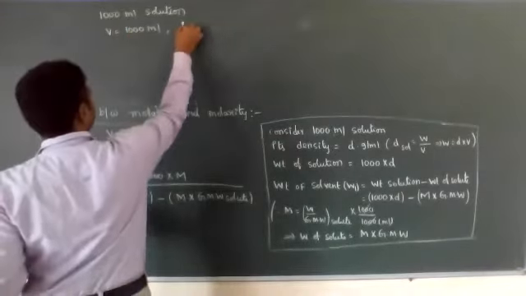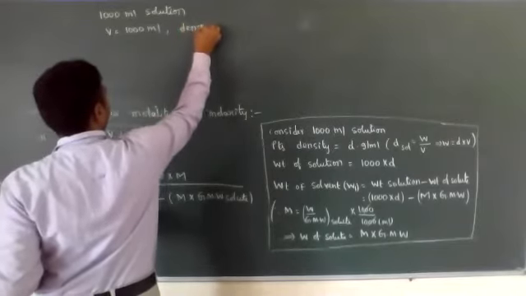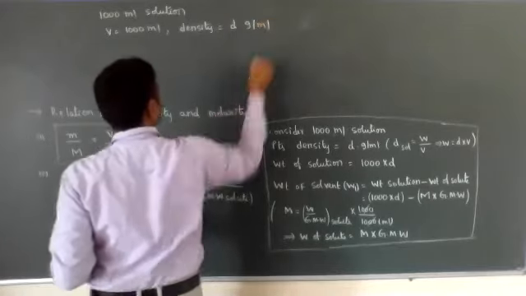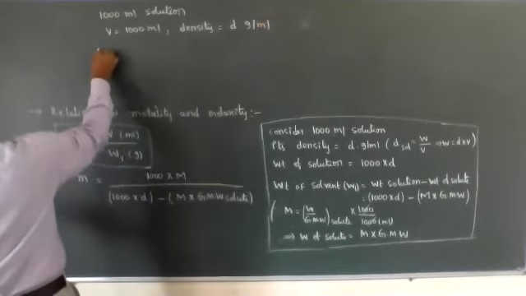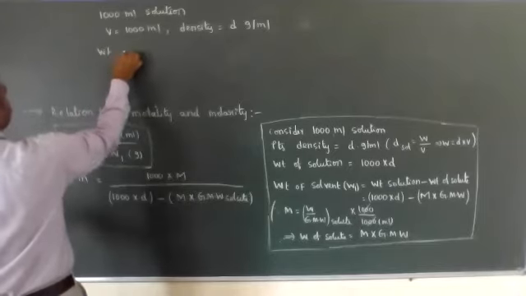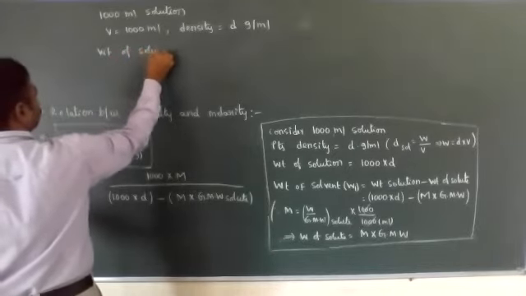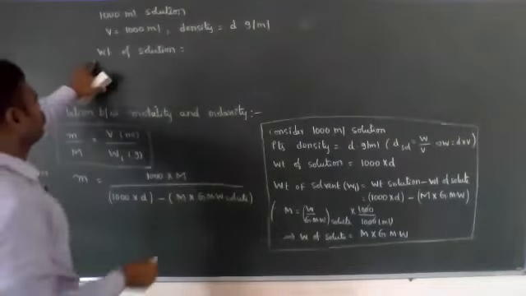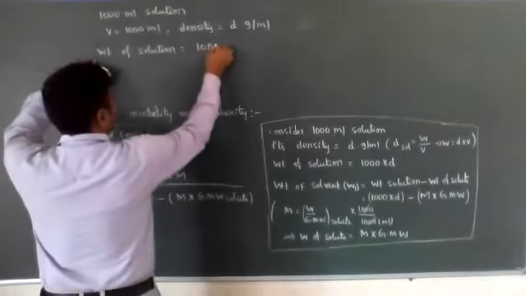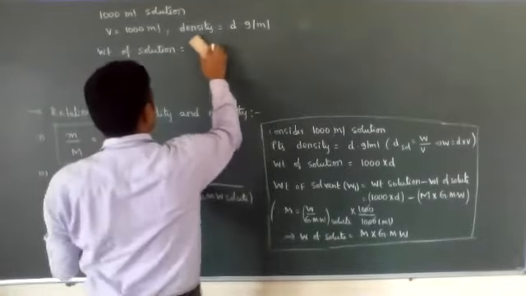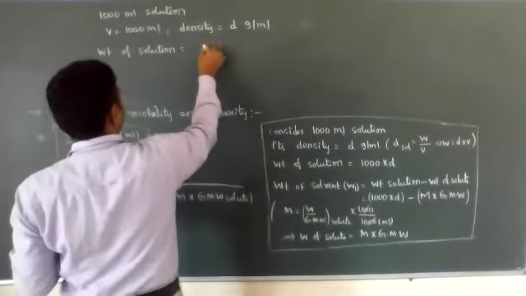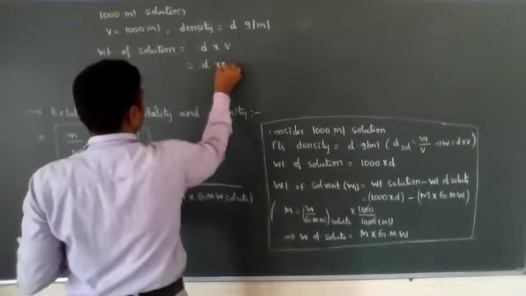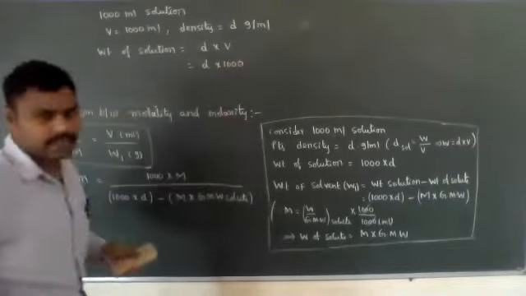Its density is D gram per ml. Weight of solution is equal to density into volume, D into 1000. Okay, clear?